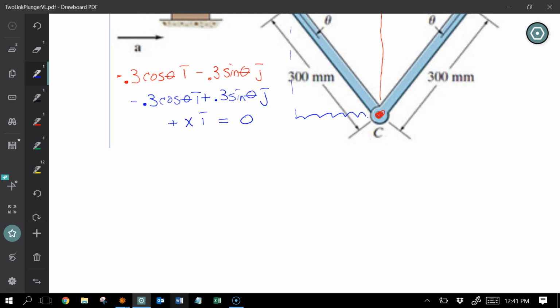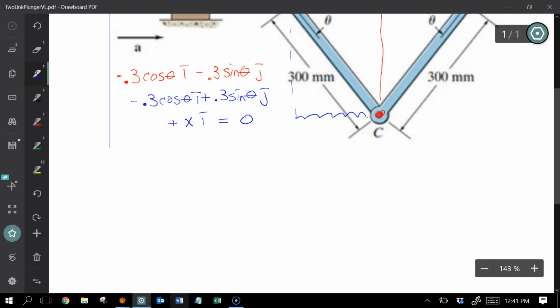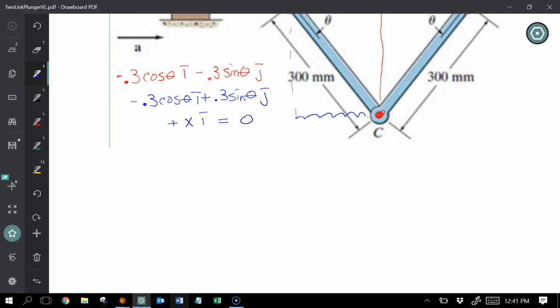If you want to, you can solve this thing for angles. In order to solve that, you pull off all the i's on the left and set them equal to the i's on the right, and j's on the left equal j's on the right.